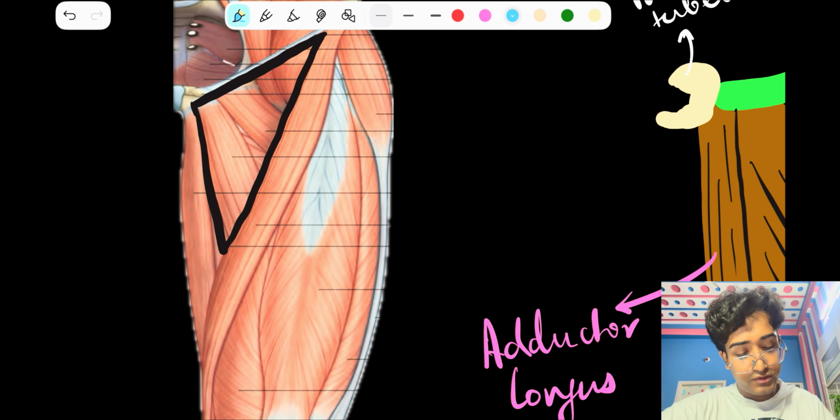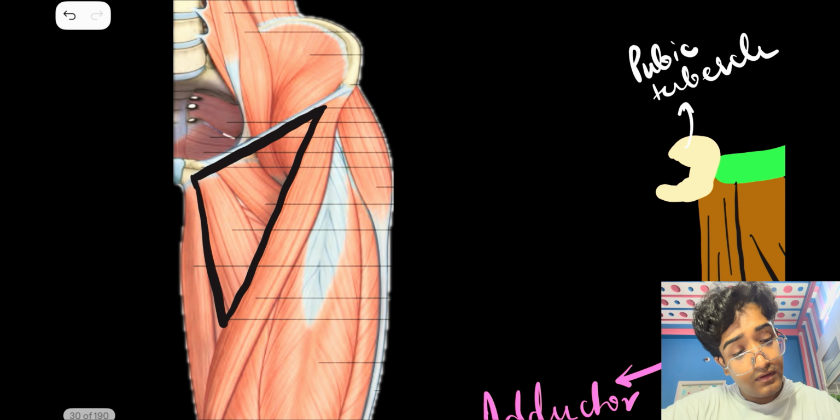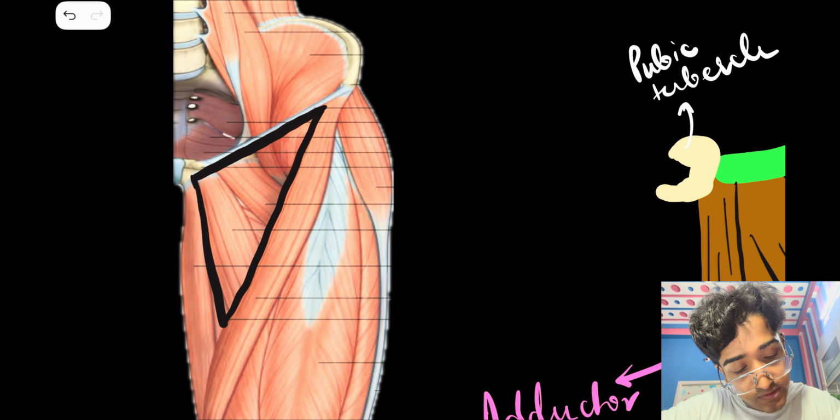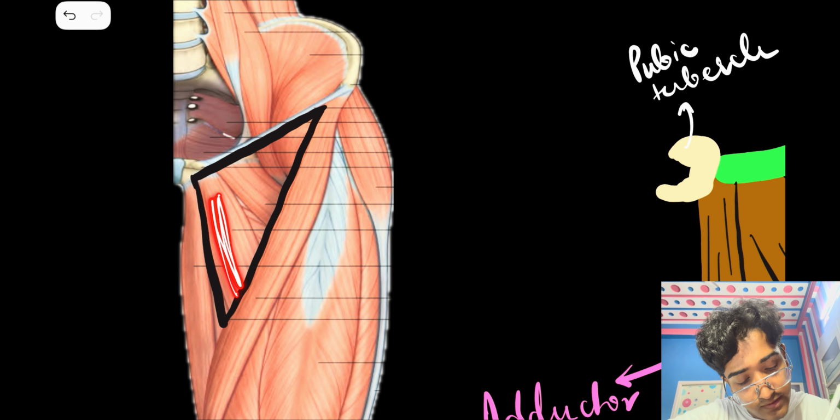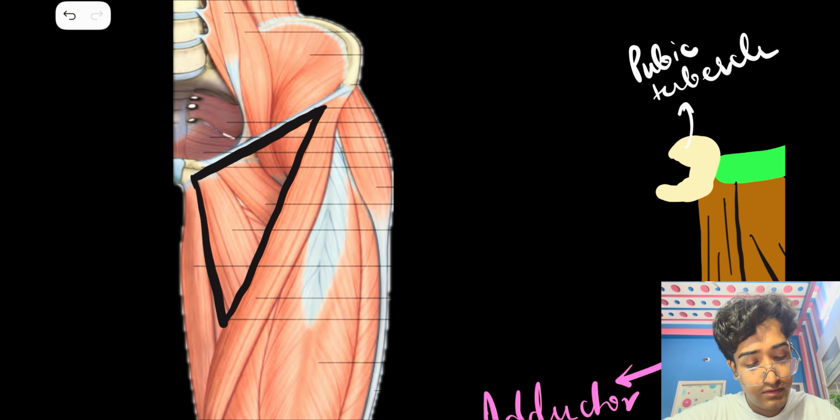So see this picture, this is the atlas. This one is the iliacus muscle, this is the psoas tendon, this is pectineus, and this is the adductor longus muscle.